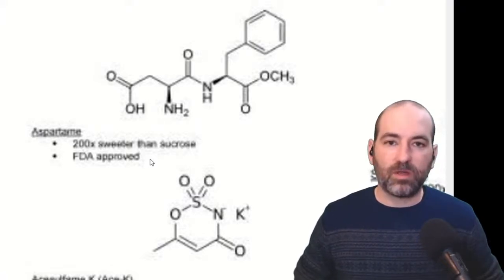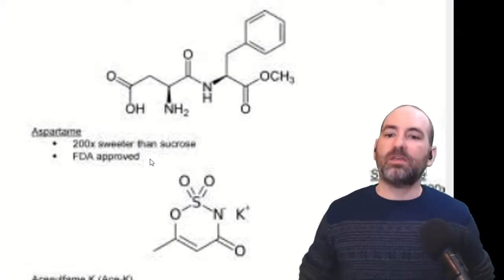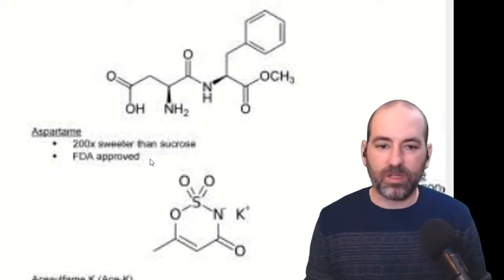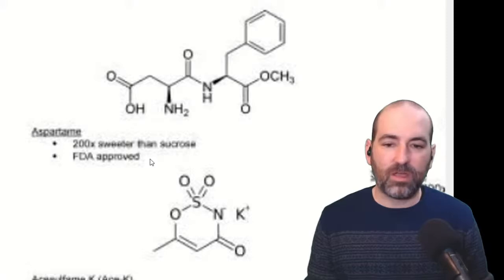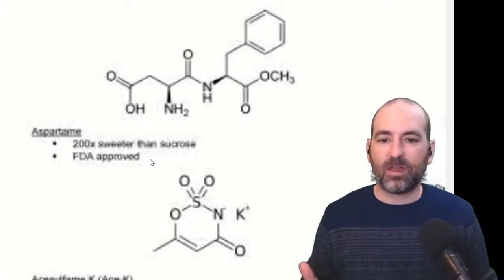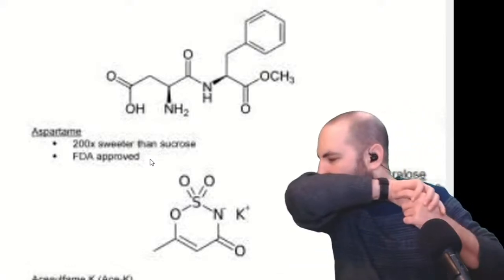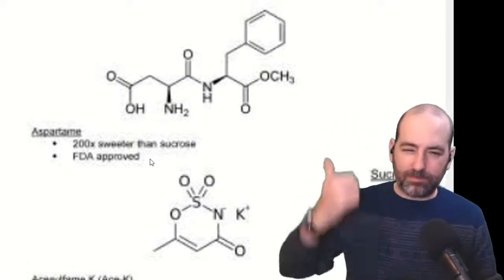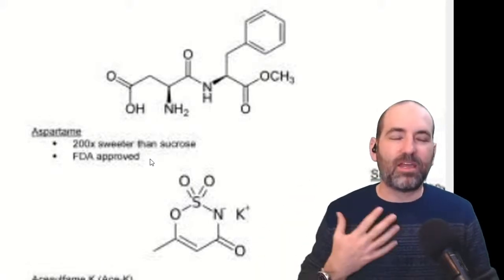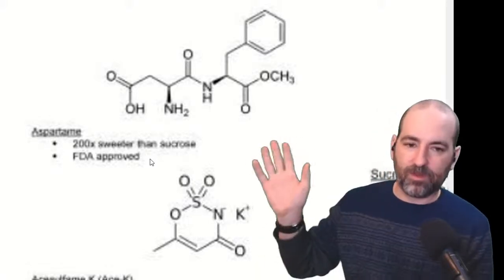It's the main sweetener in Diet Coke, Diet Pepsi, Coke Zero, all of the diet sodas pretty much, and anything that's sugar-free, like Crystal Light and those powdered drink mixes that don't have any sugar. That's primarily aspartame.